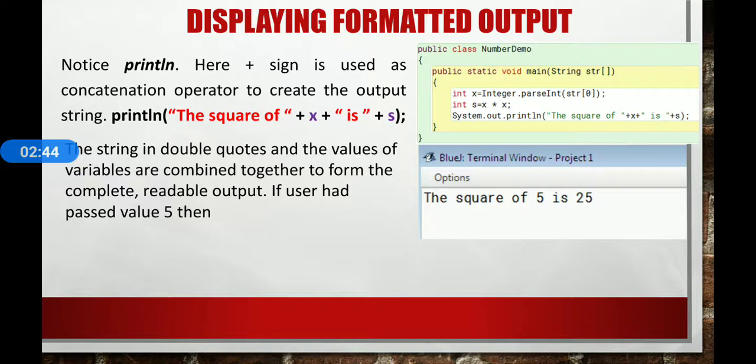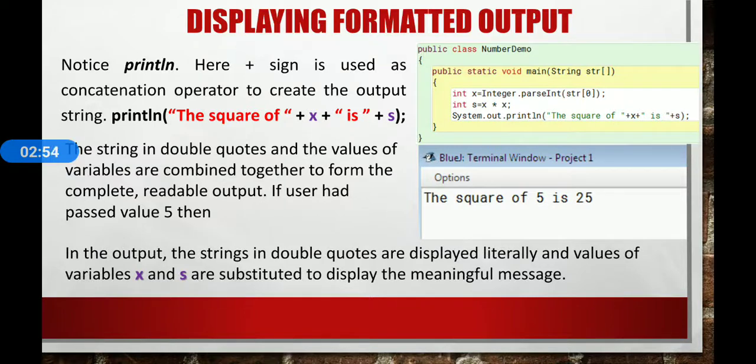The string in double quotes and the values of the variables are combined together to form the complete readable output. In the output, the strings in double quotes are displayed literally as they are, and the variables x and s are substituted by their values to display a meaningful message.